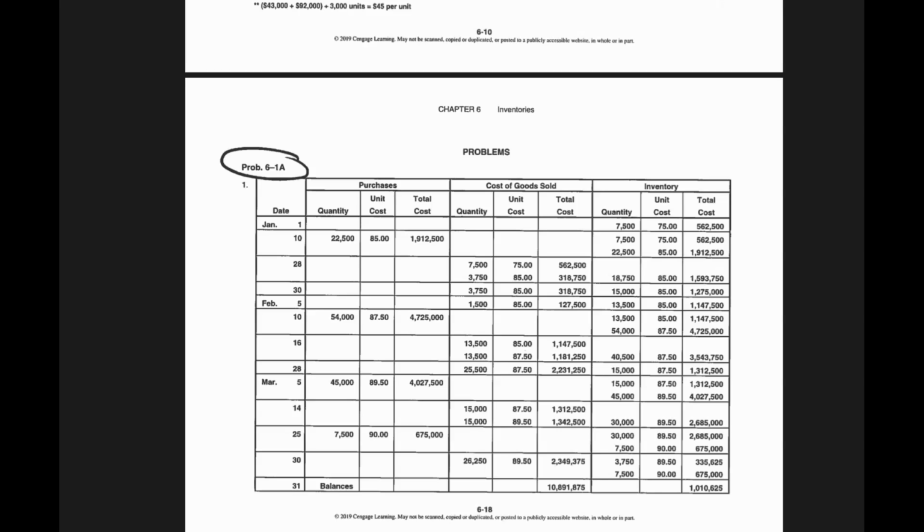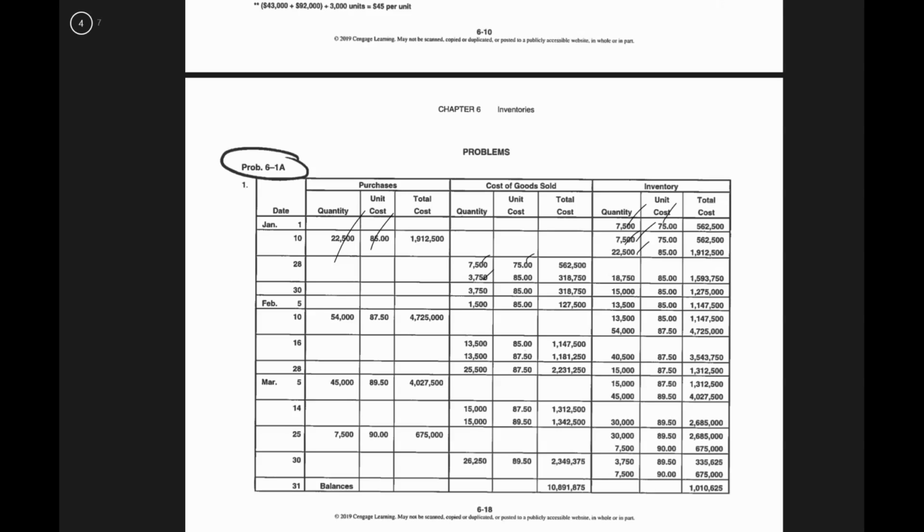So we start off with our beginning balances on January 1. Purchase 22.5 at 85. So now first one's in, first one's out. We just create two layers. All right, right away on the 28th, there's a sale of 11,250. First ones in are your first ones out, which means we will wipe out all 7,500 right there.